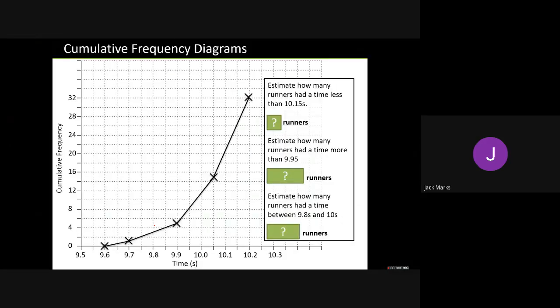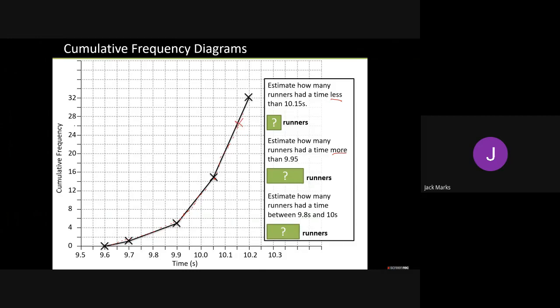Other questions? You may have questions like less and more and so on. So just take your time to remember that what this graph shows you is an ordered distribution of running times here. So you have very, very quick people at the bottom, less quick people here, more average people in the middle, and the slower people here. How many had a time of less than 10.15? Well, 10.15 is here.